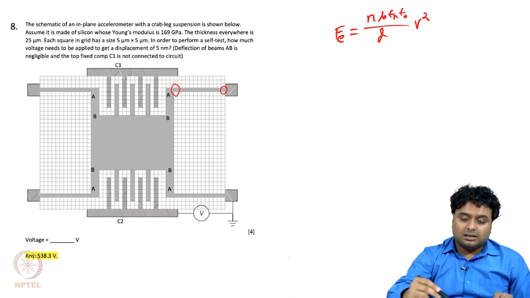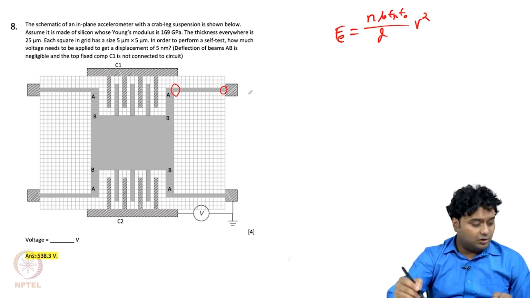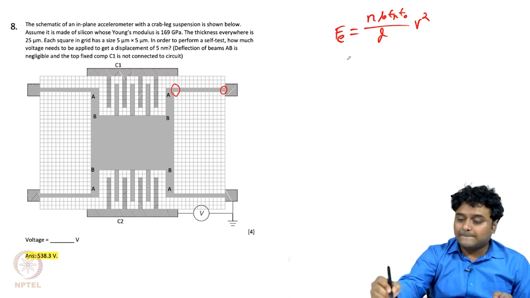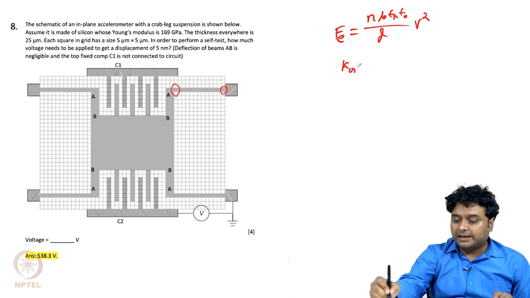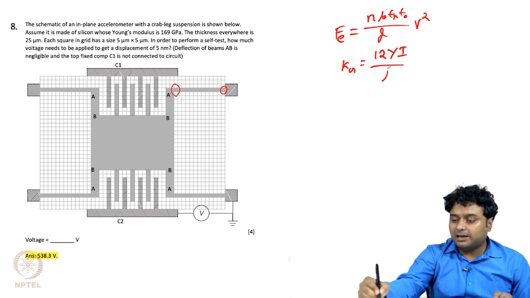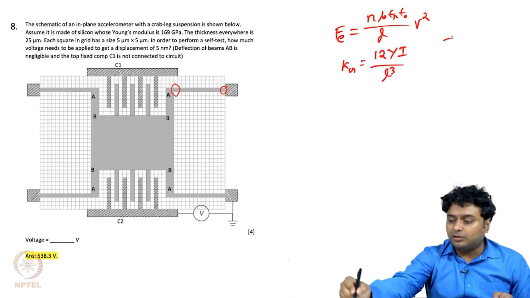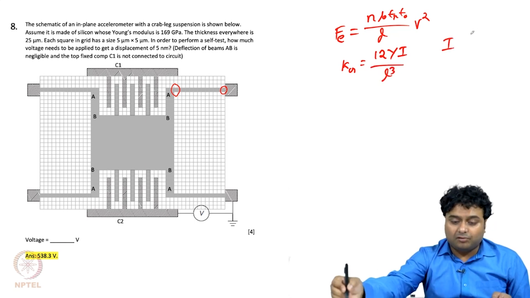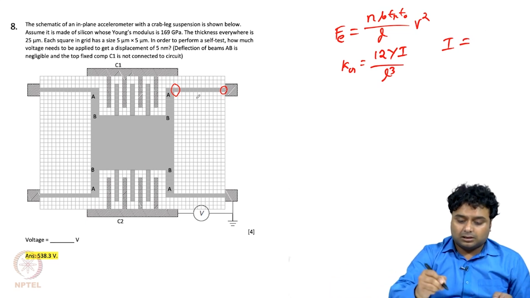Now in a practical case there will be some deflection or axial stress on the AB part also, but for simplicity we are not considering the AB part. So if we consider only the longer, thinner beam, then for a guided beam we know that Kg equals 12 YI by L cube. Here again you need to be careful about what is your width and what is your height. The beam is moving, the deflection is in this direction.